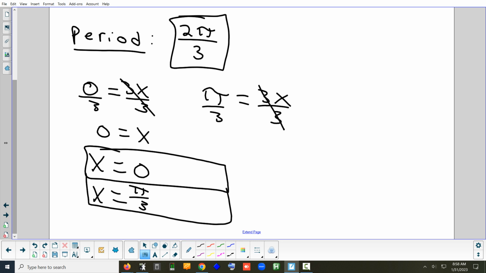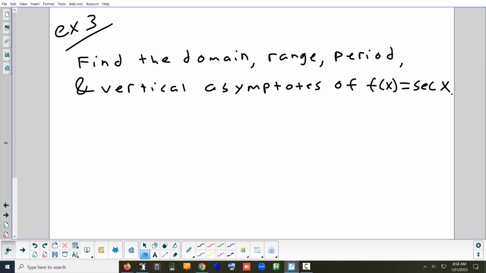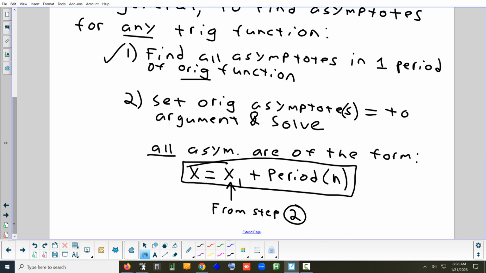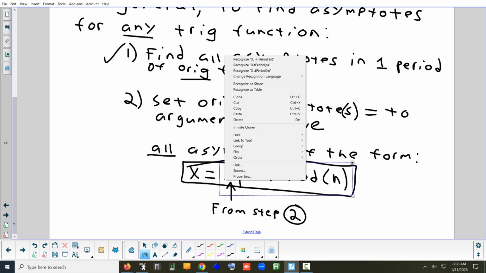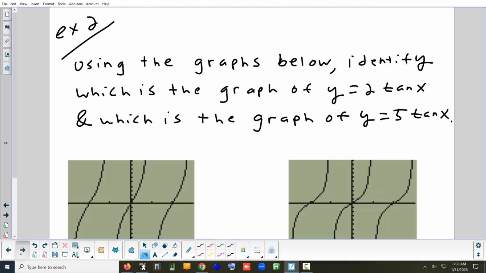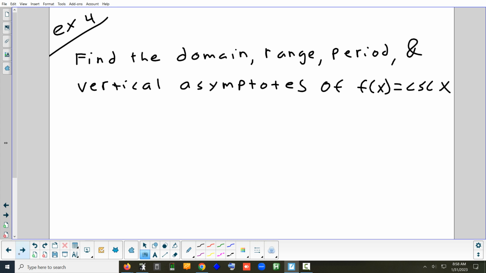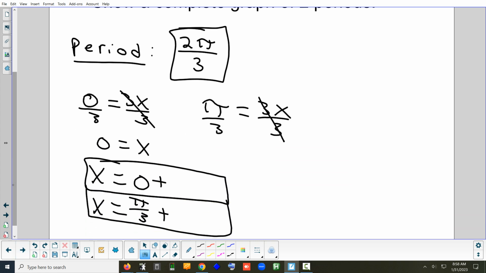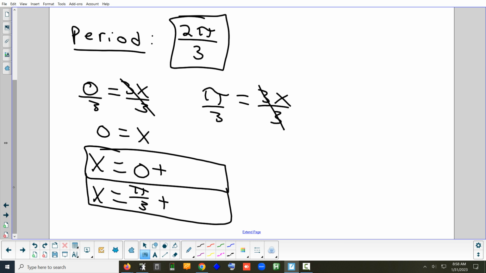Now, each of these asymptotes is going to repeat regularly. So we need to put the last thing I told you: the answer that you just got plus the period times n. Okay, what's the period of the one that we just did? 2 pi over 3. Right. So this first asymptote is going to occur at 0 plus every multiple of 2 pi over 3.